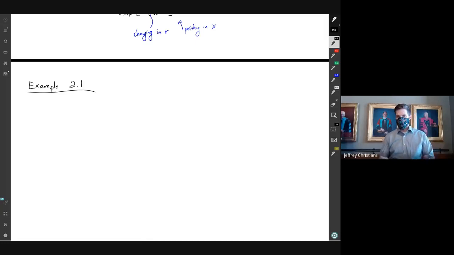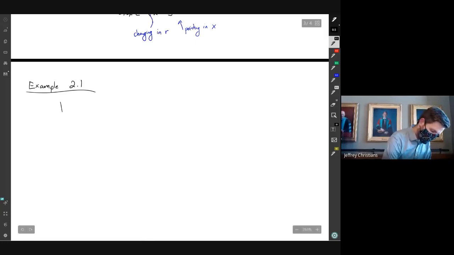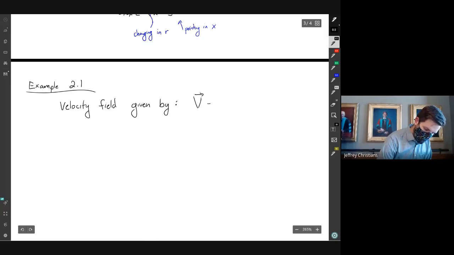Okay, so if we have a velocity field which is given by this equation. So let's say our velocity is described by this, a x i minus a y j.